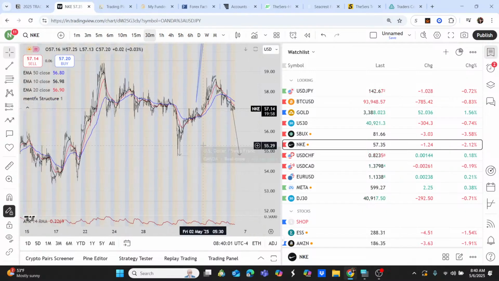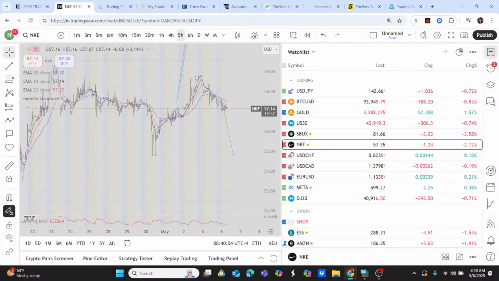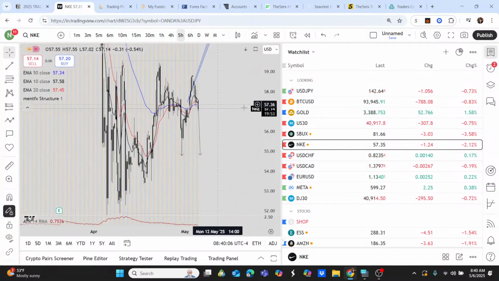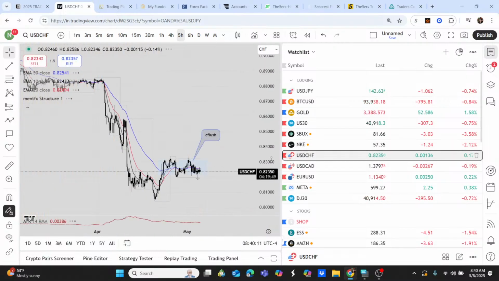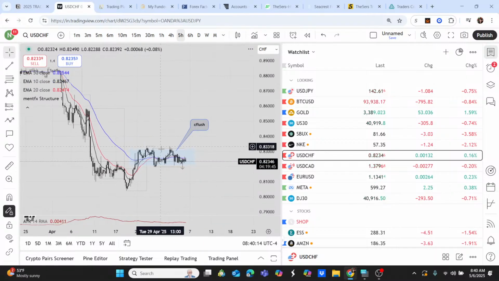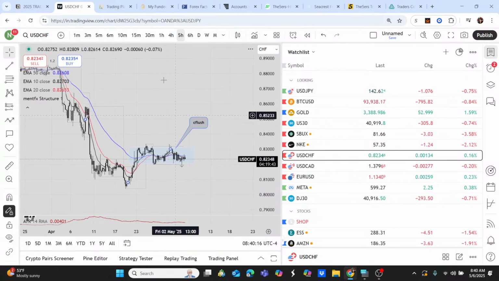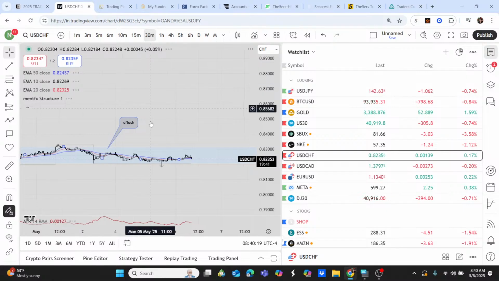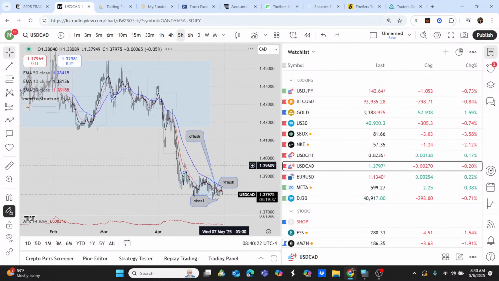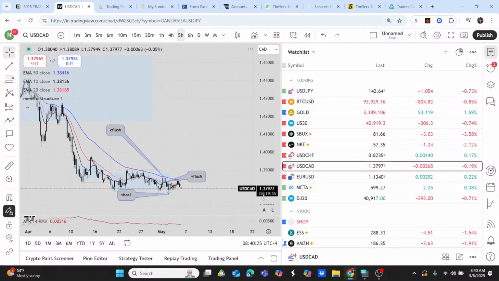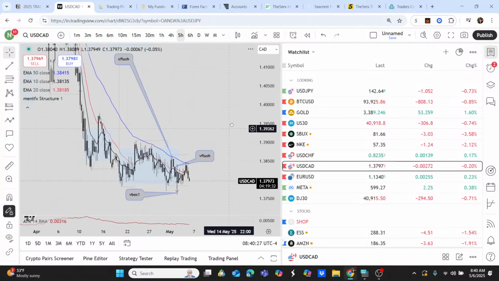Nike, yeah, nothing much here. USD CHF, nothing much. It's just moving sideways. Anybody trading this is probably getting chopped out. Not ready for USD CAD.